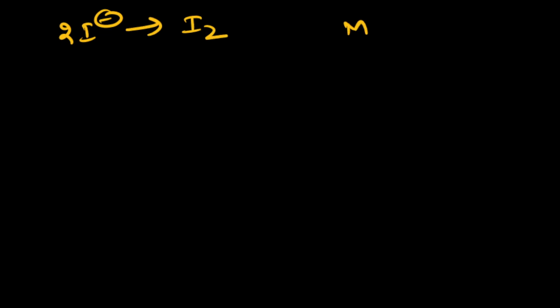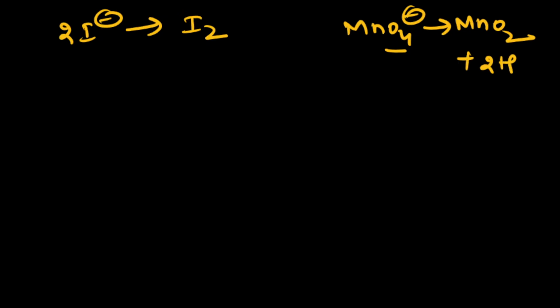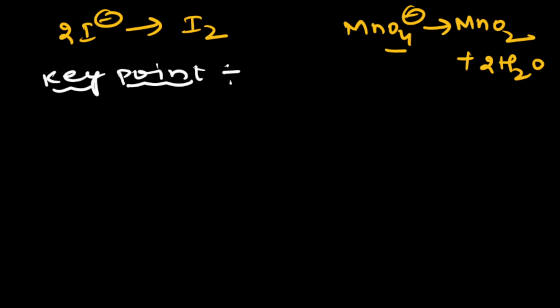Next, here the MnO4 minus gives rise to MnO2. Here how many oxygens do we have? 4. Here we have to add 2H2O. A very key point you have to remember in the basic medium. Many students forget this and get difficulty balancing in the basic medium.